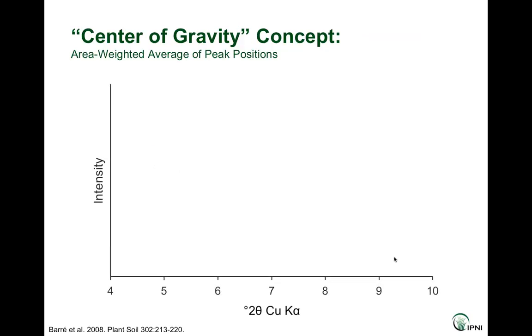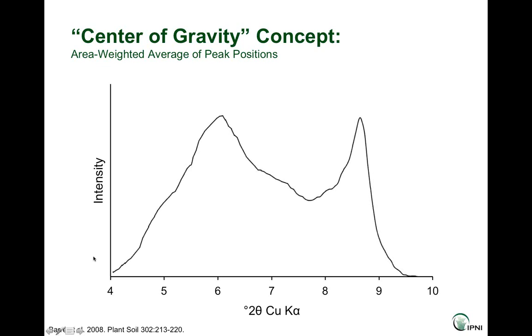So here we're just going to give you the basics of a diffractogram. Here we have the angle that the radiation is hitting the sample at, and then we're seeing the intensity of the reflected radiation. And here's just an example of the kind of diffractogram that you might get from a sample. Now, how would you interpret this?